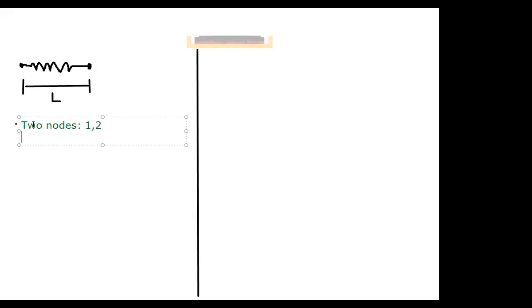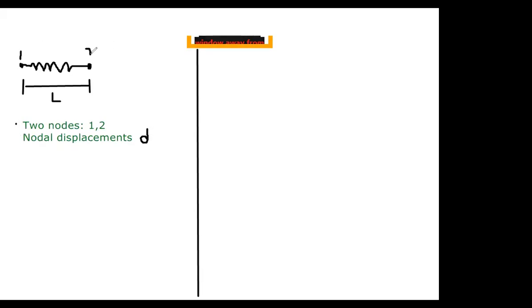And I will assume that we have nodal displacements. Locally, the nodal displacements will be, suppose this is node 1 and this is node number 2, the displacement there shall be denoted d1x, but I'll put a hat to denote that it is a local displacement.